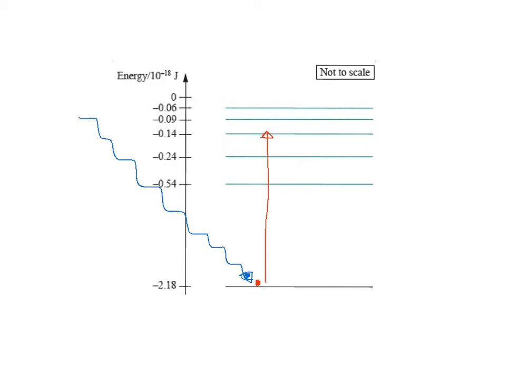So the energy here is equal to the difference between this energy level and this energy level. So 2.18 minus 0.14, which is 2.04 times 10 to the minus 18 joules.